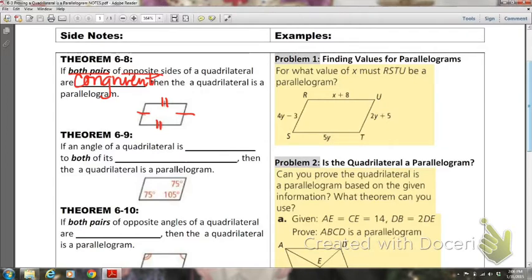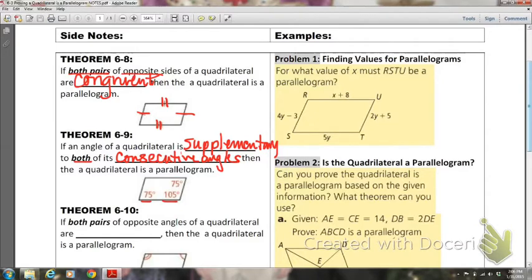The next theorem says that if an angle of a quadrilateral is supplementary to both of its consecutive angles, then that quadrilateral is a parallelogram. So here we have two consecutive angles that are 75 and 105, which are supplementary.